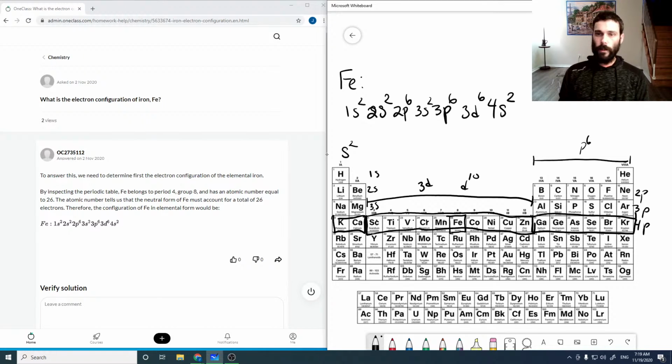And so then this would be the electron configuration for iron. You just run through each of the blocks and keep going up and filling in with your electrons. So first we need to find it on the periodic table, which is what we did.